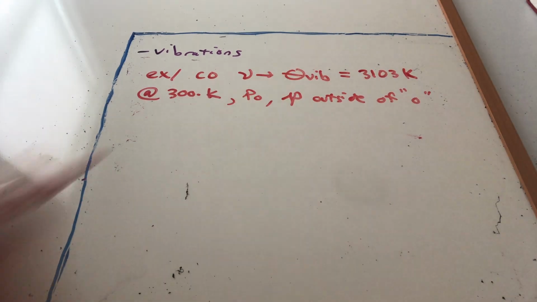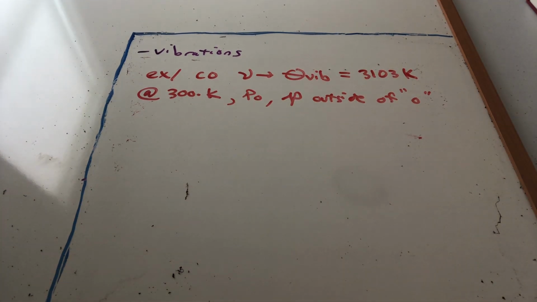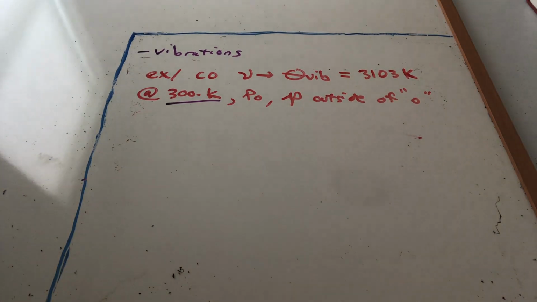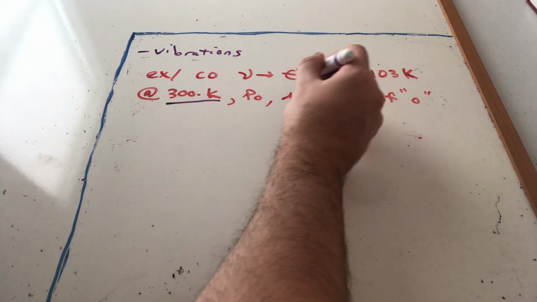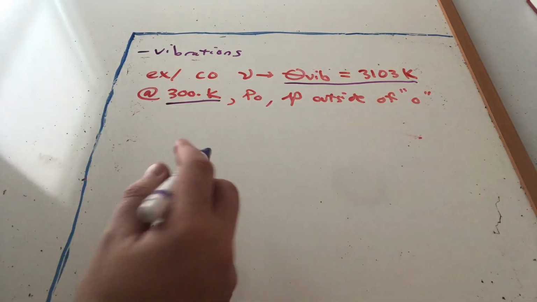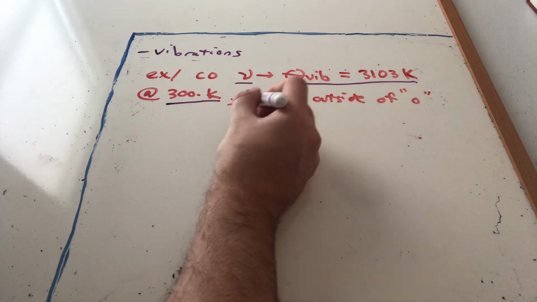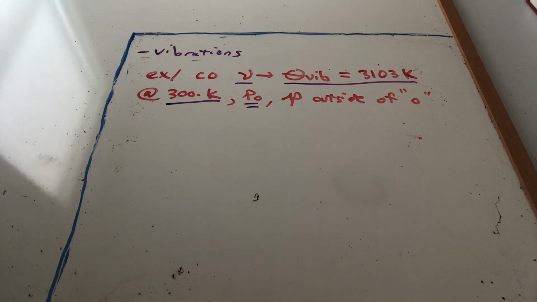So here's something direct with numbers at or near room temperature with a specific vibration that's been analyzed. What's the population for this molecule to be in the ground state? What's the probability? What's the population? Remember, those are synonymous.